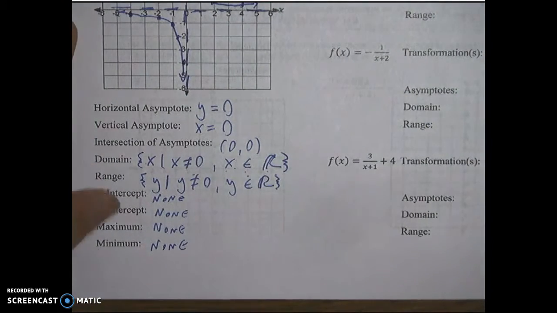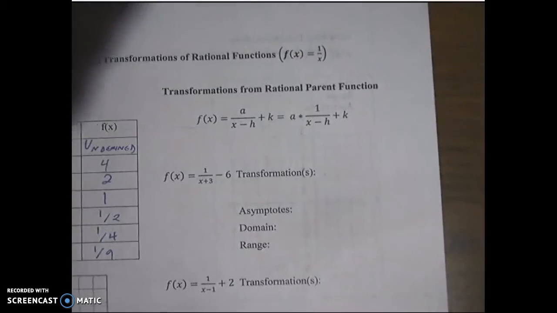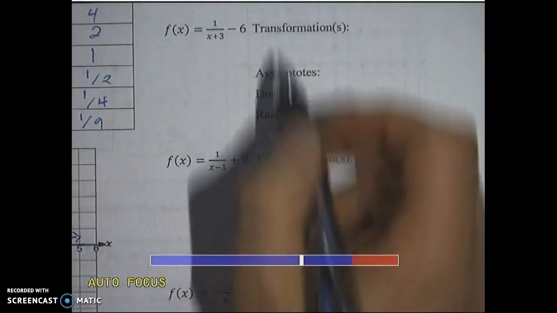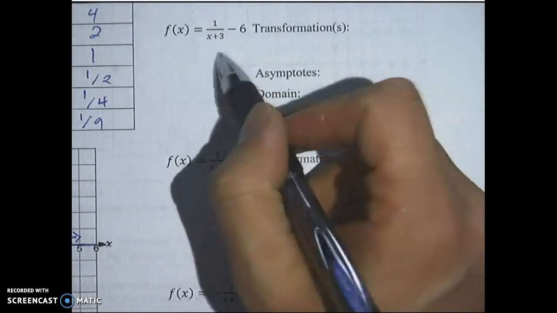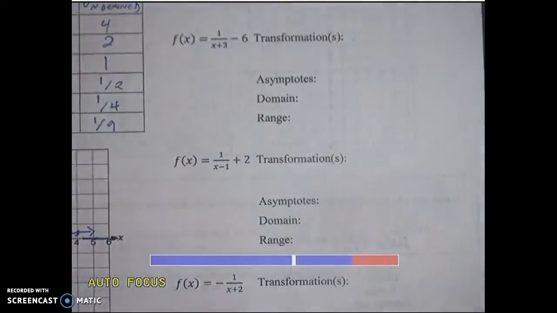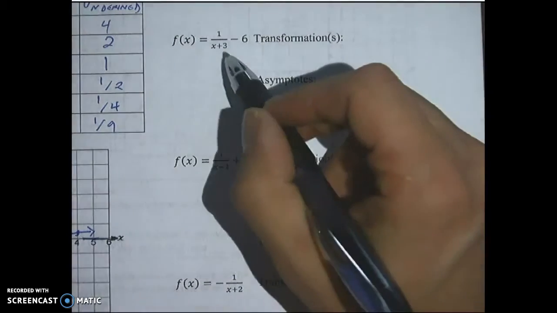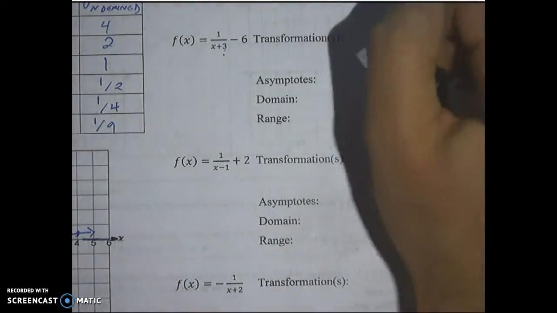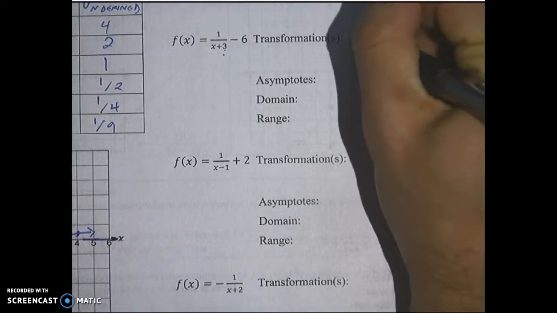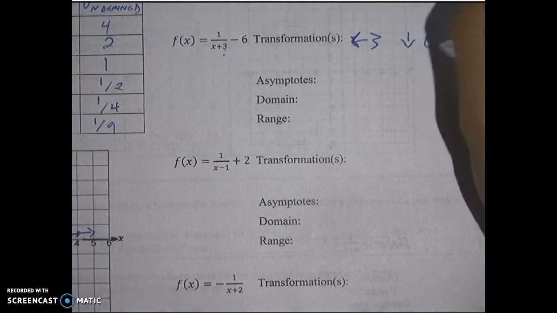Okay? So, if we were to look at some transformations, underneath the fraction, that's going to shift it left and right. Outside the fraction, that's going to be up and down. So right here, this x plus 3, remember, next to the x is counterintuitive, so this thing's going left 3 and down 6.